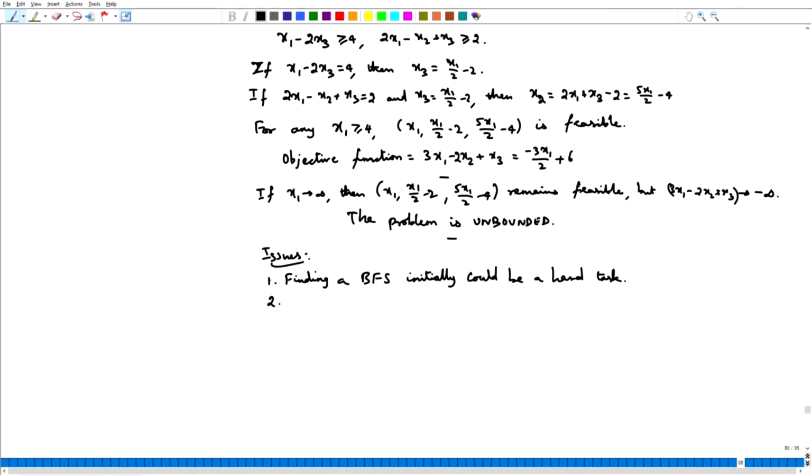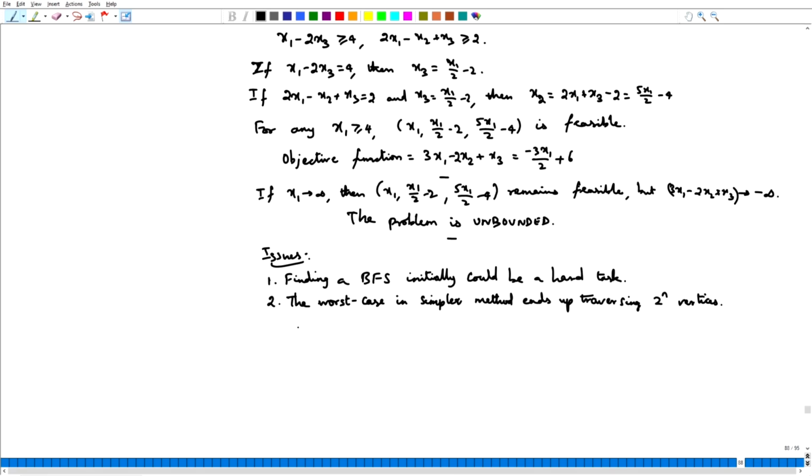So, the issue is this: the worst case in simplex method ends up traversing 2 power n vertices. So, what is the problem?